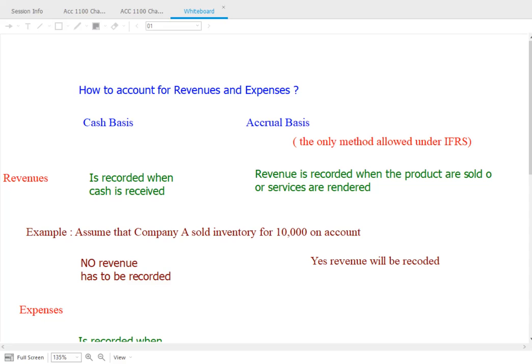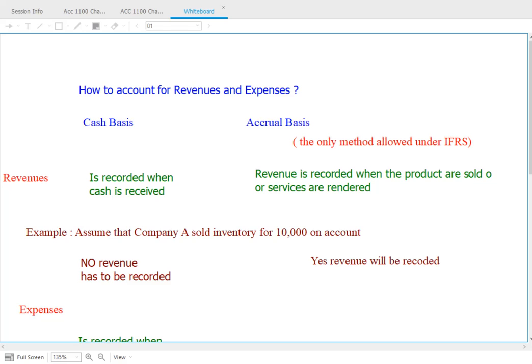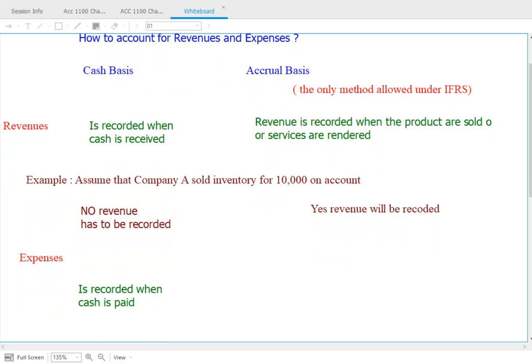But under the accrual base, and pay attention please, under the accrual base, expenses are recorded when the company benefits from the resource. What do you mean by that?